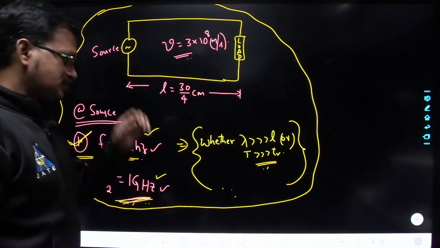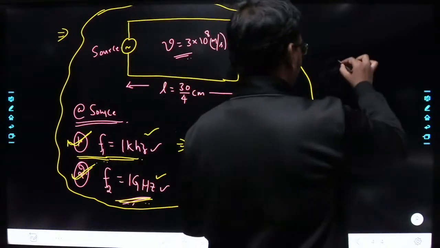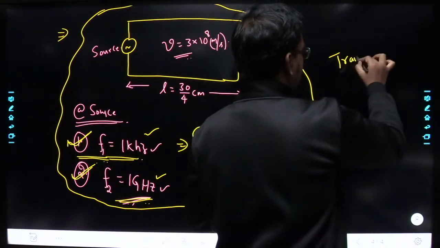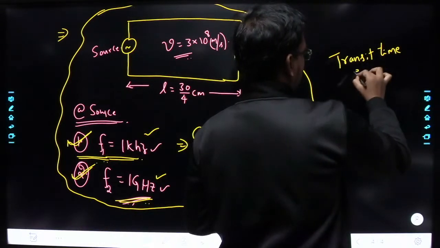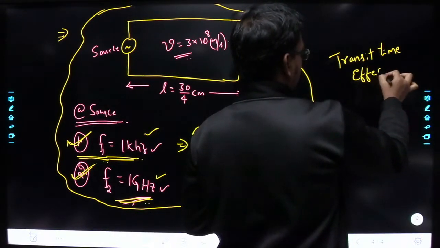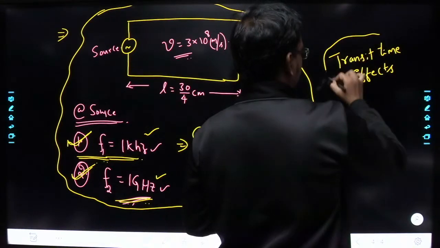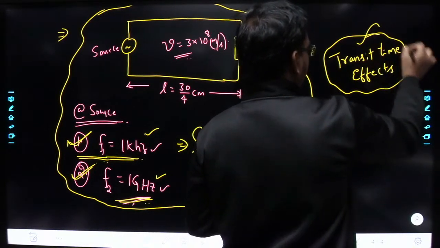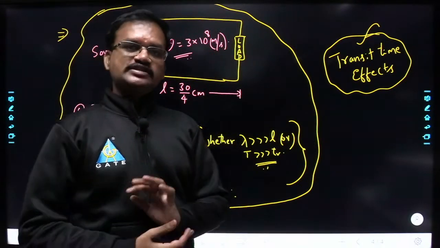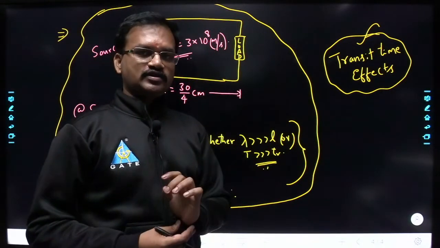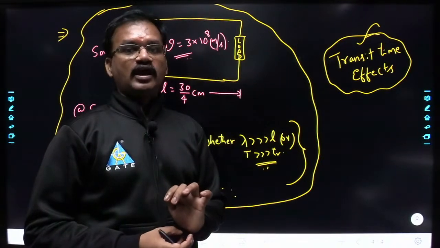So this is all about transit time effects. That is why circuit theory or network theory is not valid at very high frequencies.